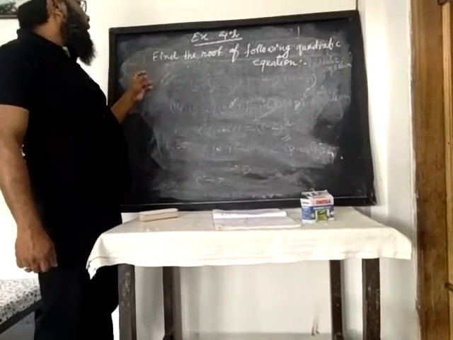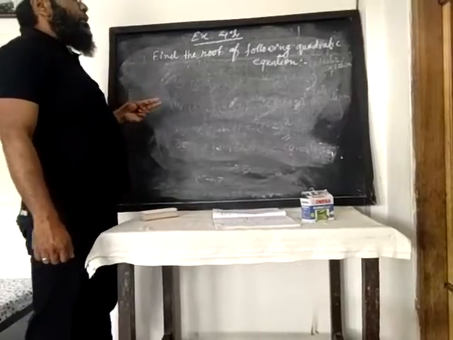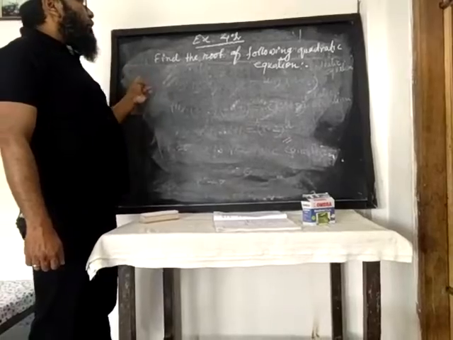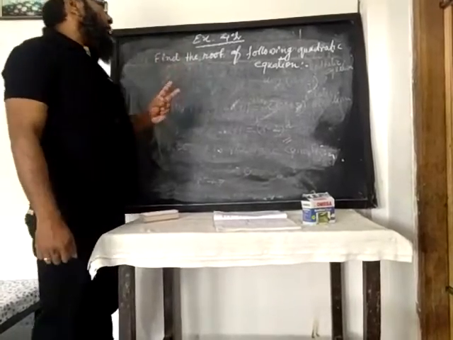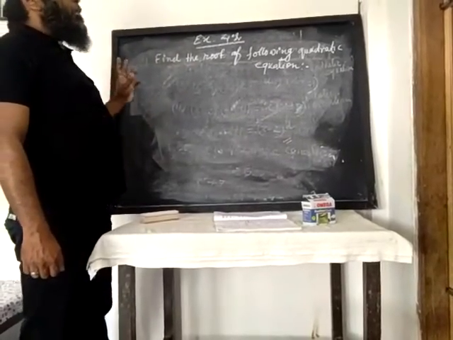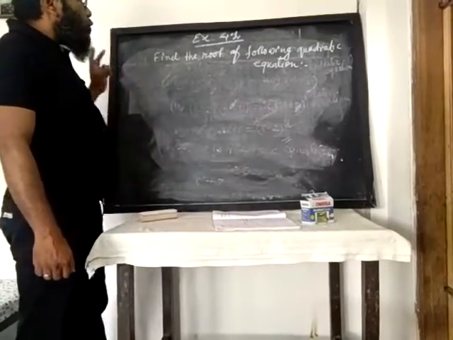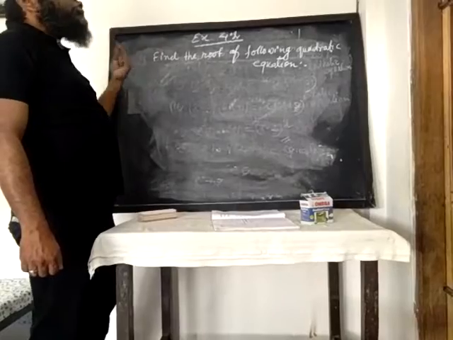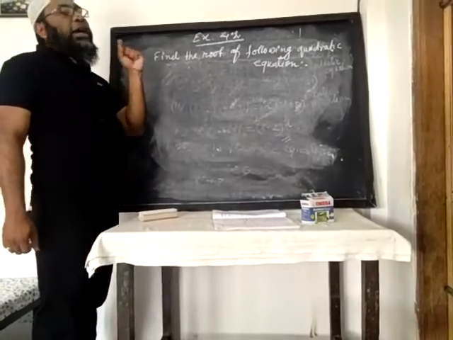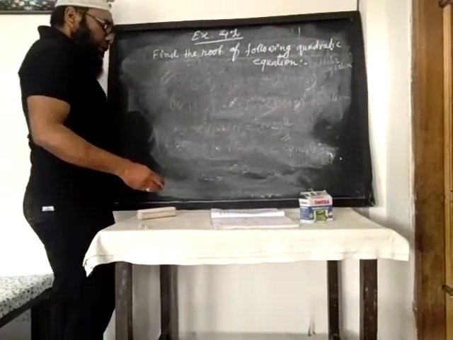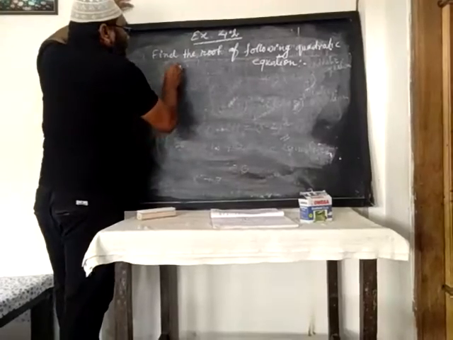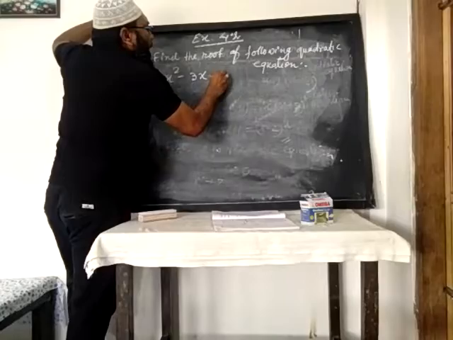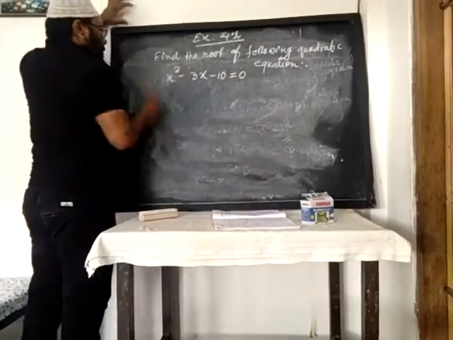A quadratic equation has two roots because its highest power is 2, so the variable has 2 values. A linear equation has one solution because the highest power is 1. Look, here is x squared minus 3x minus 10 equals 0, equation number 1.